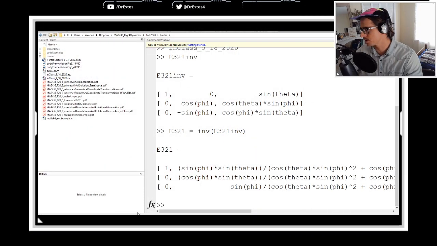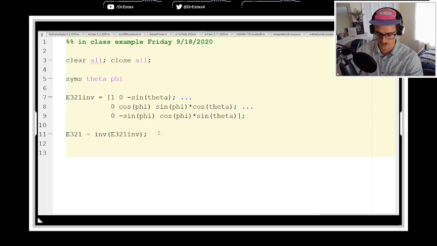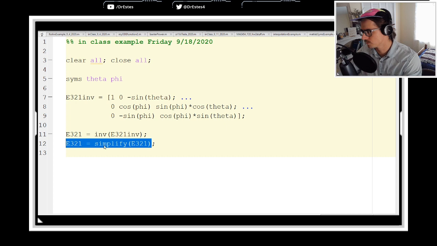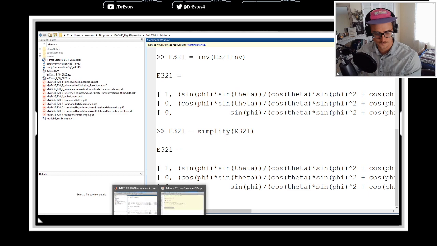Okay, so here's a little trick. You say E321 equals simplify E321. And then it cleans it up for you. Let's see what that does. Wait a second.